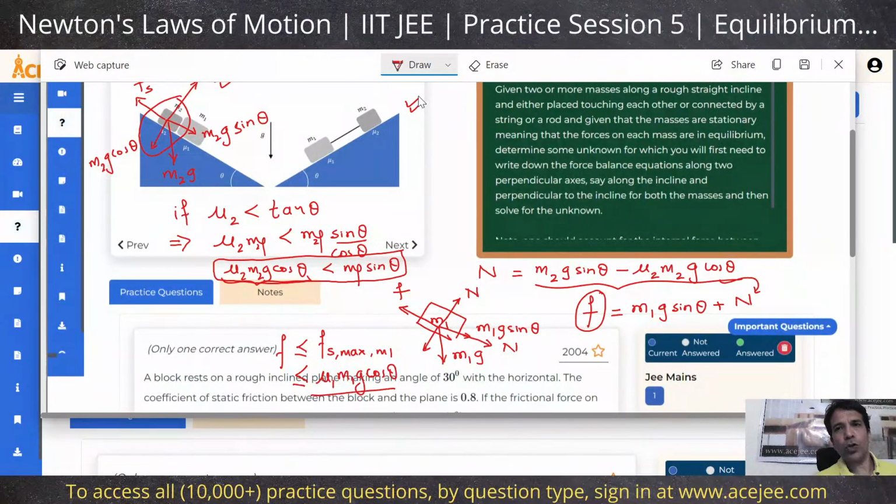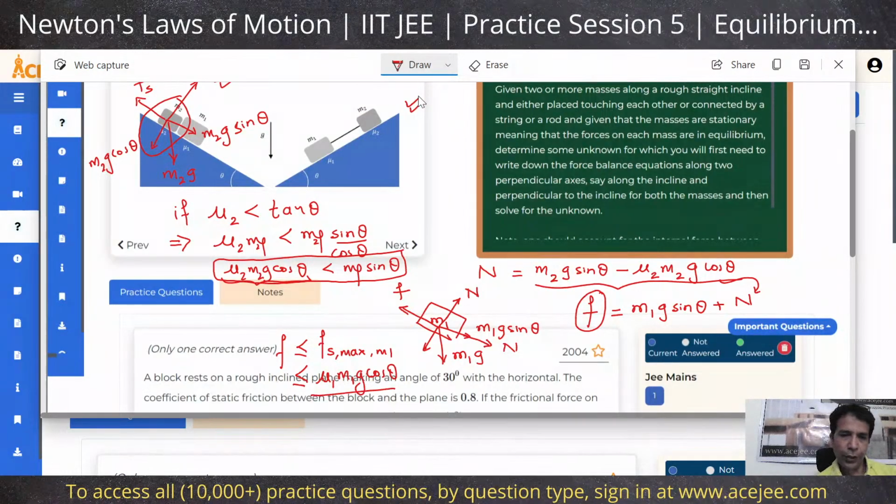It could not apply brakes on M1. In other words, if M1G sine theta were to be greater than mu M1G cos theta, in other words, if mu1 were to be greater than tan theta, there was nobody to stop M1 from sliding down. Correct, no?